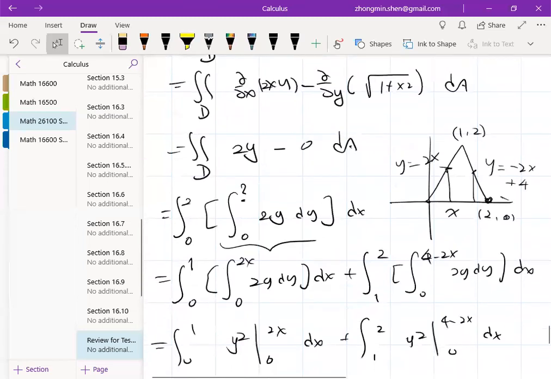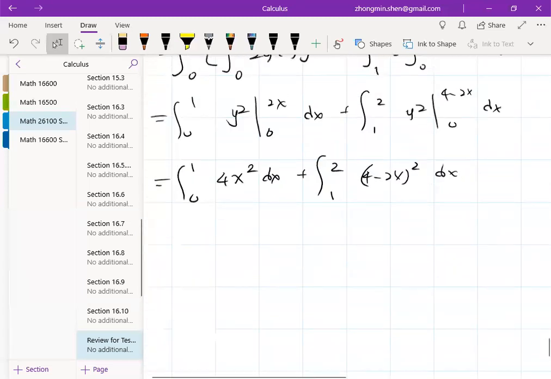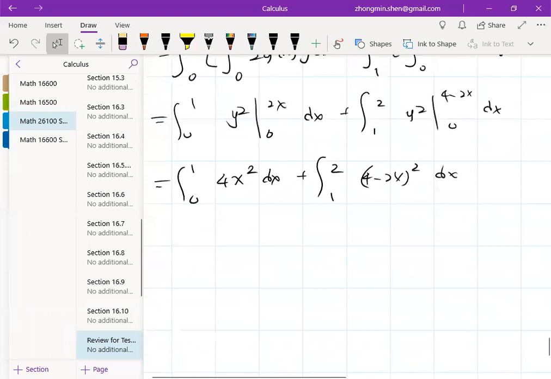All right, so just evaluate this. This integral would be 4 squared minus 4x plus 4x squared. No, this is 4x squared. Then you find the antiderivative for each, then you solve the problem.